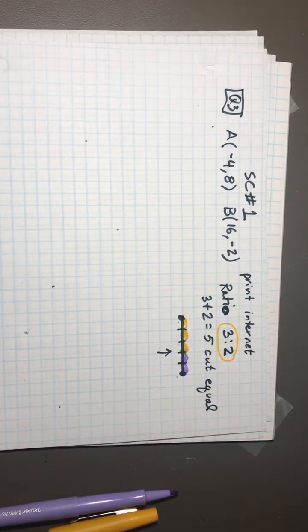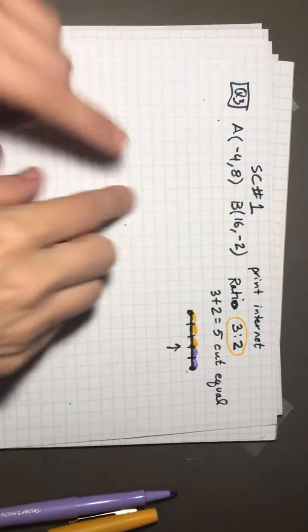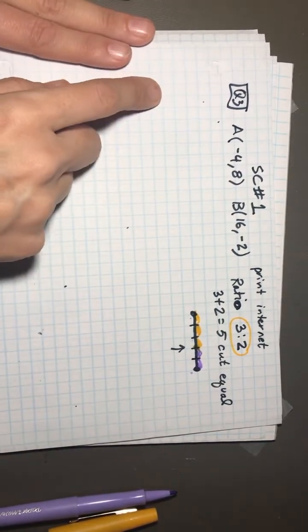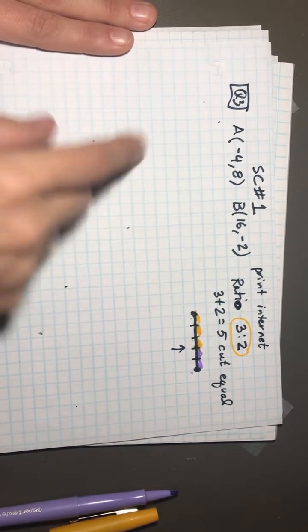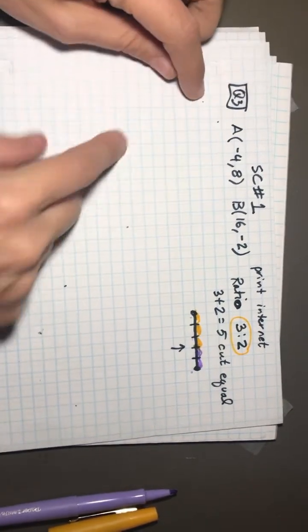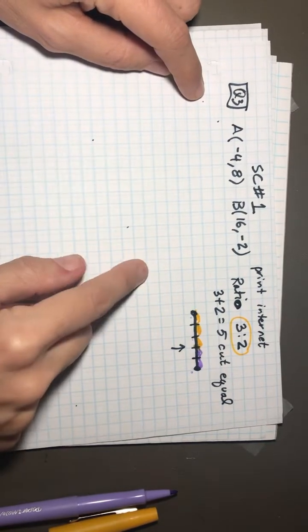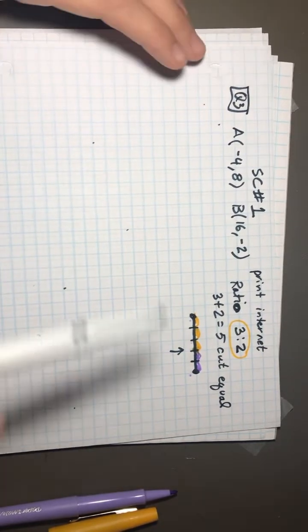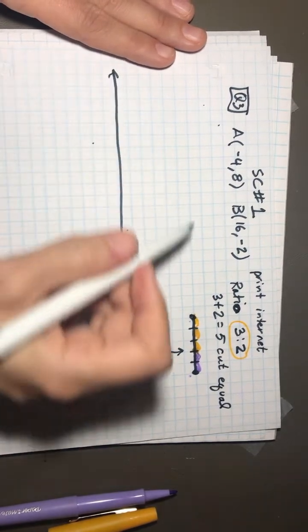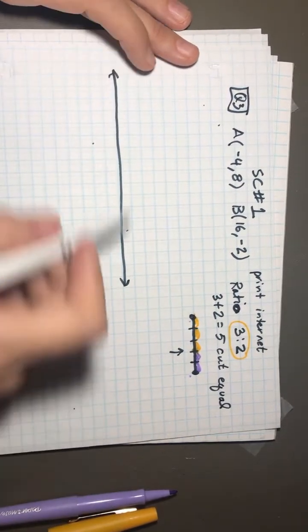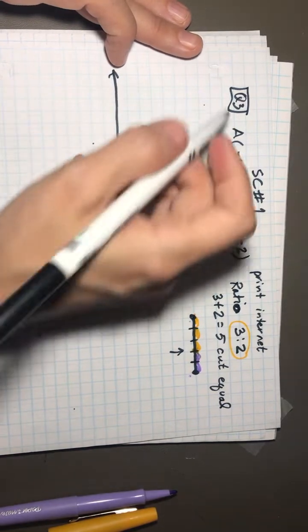So let's go ahead and graph. Just with a little planning here, I need to allow for -4, 8, and then I need to go 16, -2. Okay. Maybe this will be enough room for me. So I need to go to -4, 8.